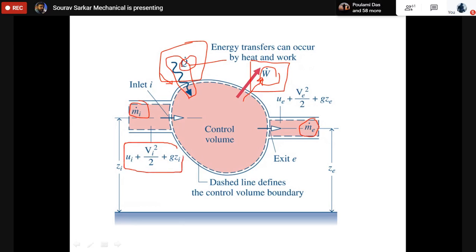The mass entering is carrying some energy, and the mass which is leaving the system is also having some energy. So what is this energy? First, I know that it will have an internal energy, u. It will have some V1 square by 2, kinetic energy, and there is some potential energy. So these are the forms of energy.